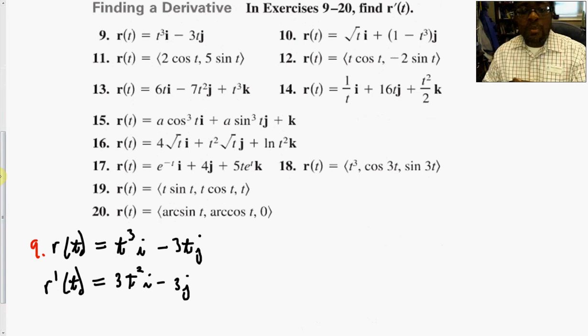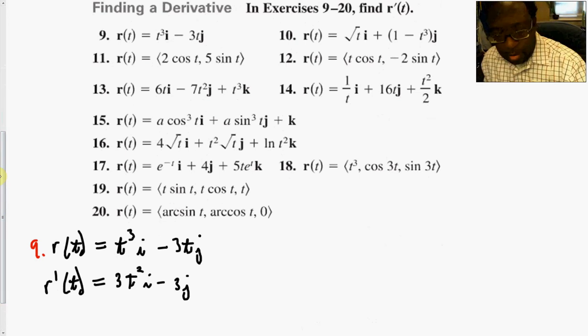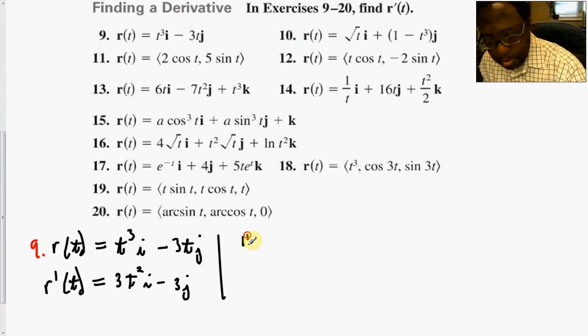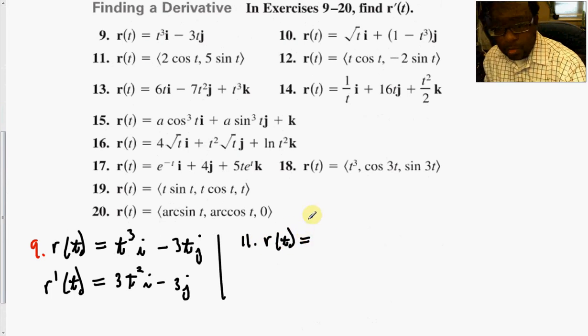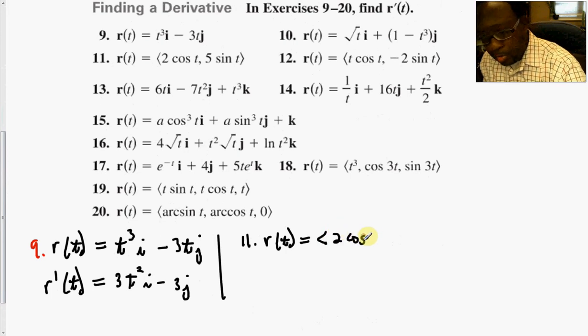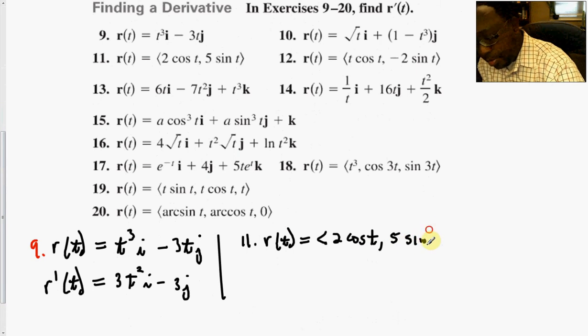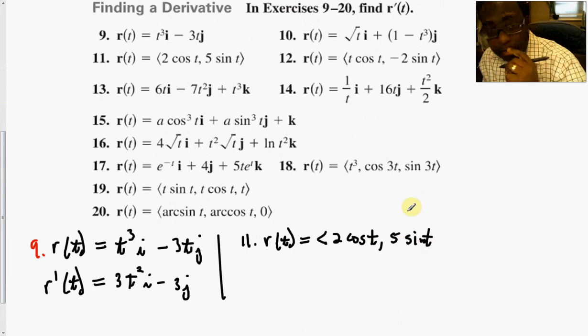Let's take number 11. r of t is equal to 2 cosine t, comma, 5 sine t.